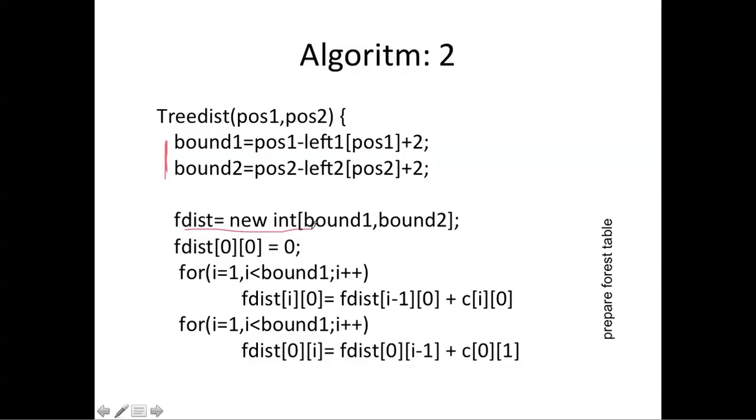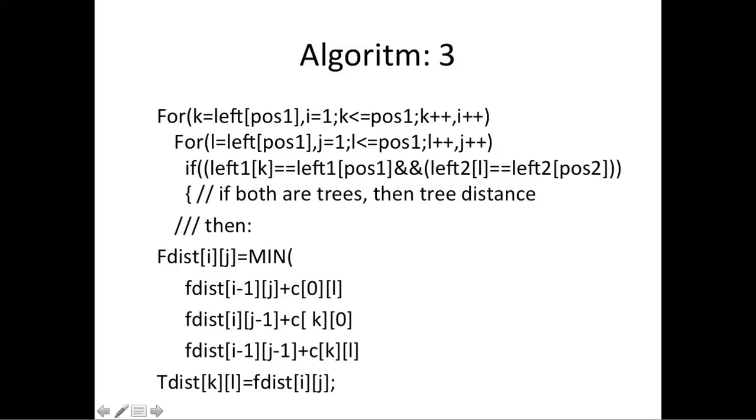Then we initialize the rows and columns with ascending values, which in this case should be 0, 1, 2, 3, and so on, the cost of deleting one element after another, which we assumed previously is always 1.